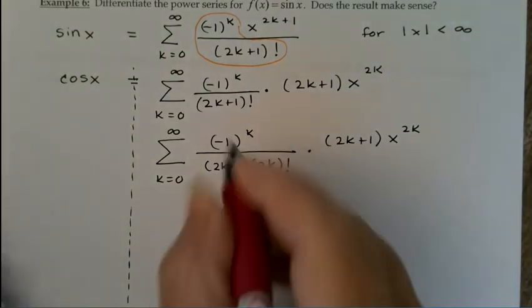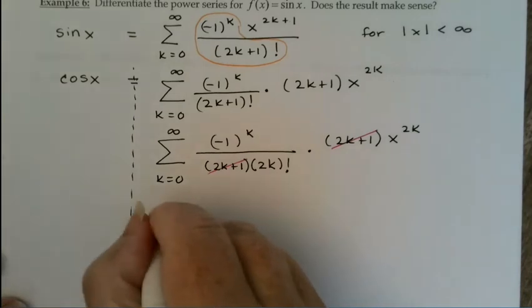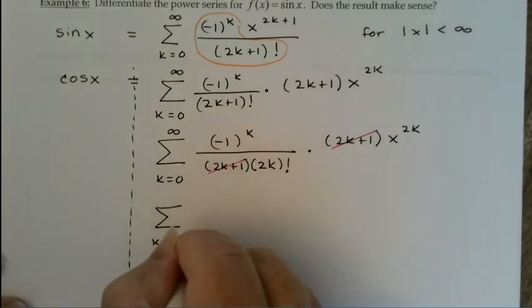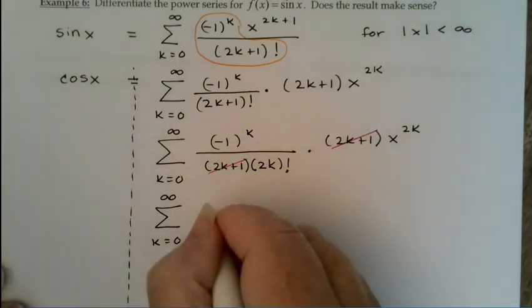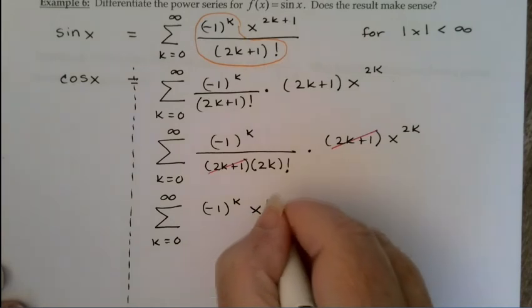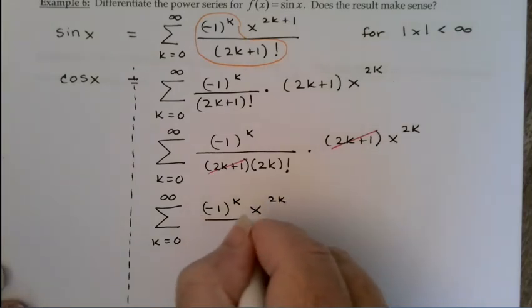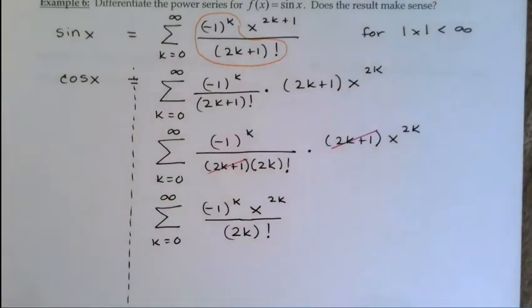And that's going to allow me to cancel out those 2k plus 1s. So what I end up with is negative 1 to the k, x to the 2k over 2k factorial.